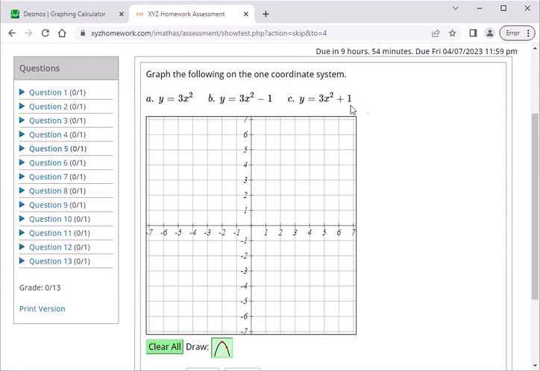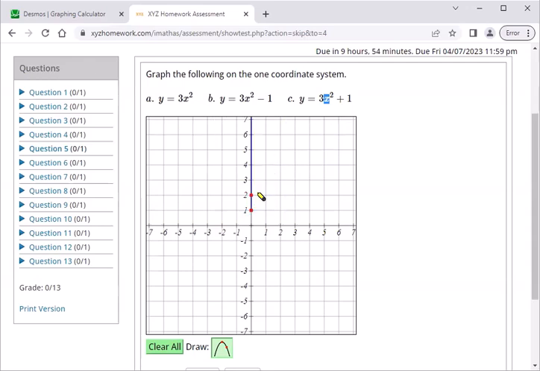No, because there's nothing being added or subtracted inside of the squared part. So the x coordinate of my vertex is going to be at 0 because it's not shifting anything left or right. But will it shift up or down at all? Yeah, it will move up 1 because of this plus 1 part of the equation.